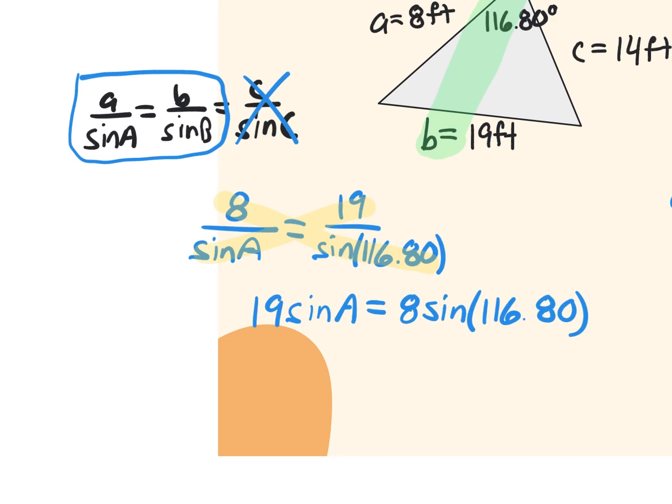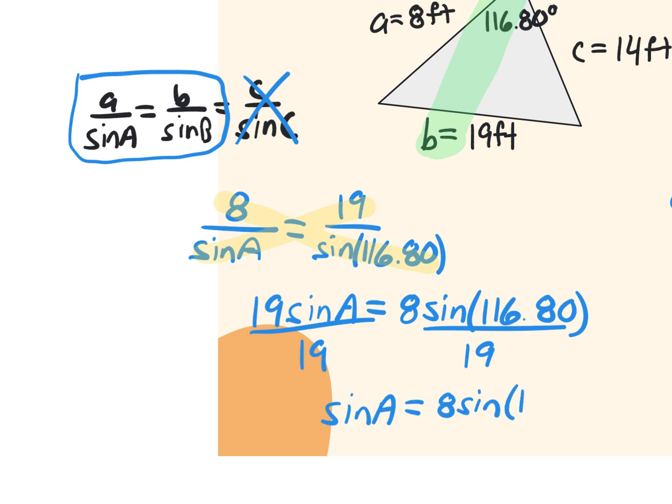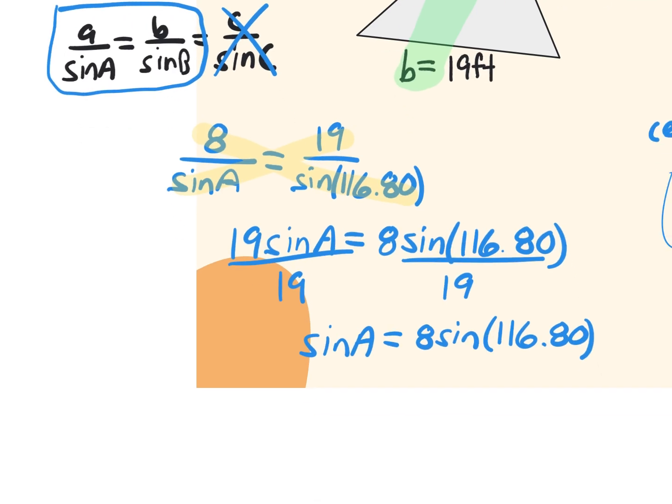And then to get sine of A by itself, let's divide both sides by 19. And then we get sine of A is 8 sine of 116.80 divided by 19.